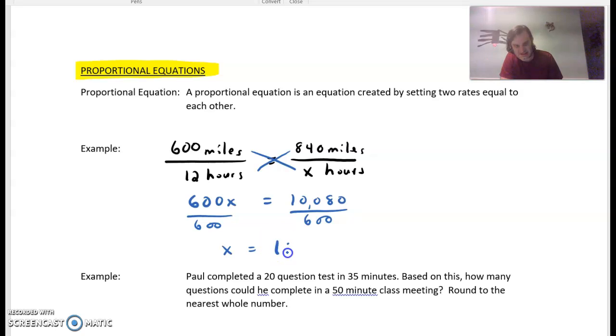I get 16.8, which, remember, x was in hours. So that means it'll take me 16.8 hours to do this. There's other ways you can figure that out, but that's an example of a proportional equation. Two proportions set equal to each other, and it's an equation because there's something we don't know that we're trying to find out.